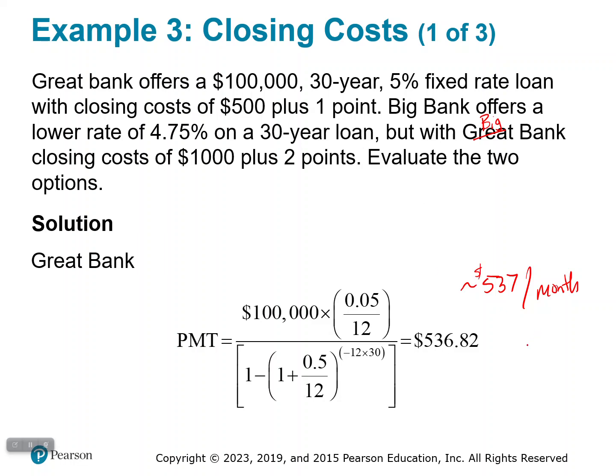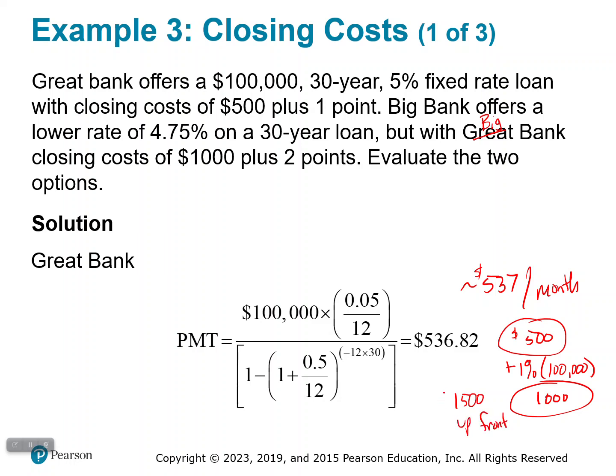We also have to pay $500 to start, plus 1% of $100,000. 1% of 100 is 1, so that's $1,000. So we have to pay 500 and 1,000, $1,500 up front.